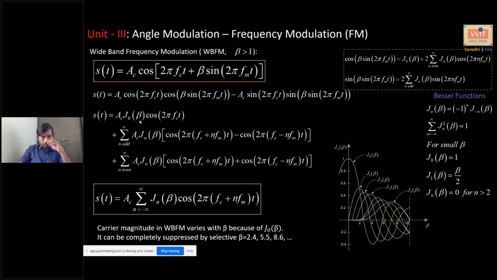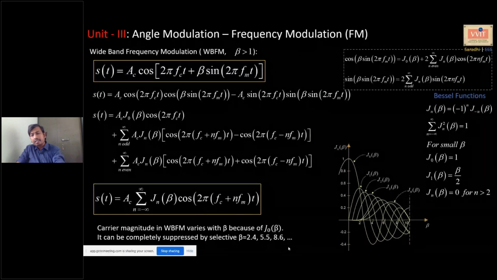If you observe or simulate this using MATLAB or Python, we can see that J0 of beta crosses the zero axis at 2.4, 5.5, 8.6, and so on. So whenever beta takes these values, the wideband FM has no carrier component.